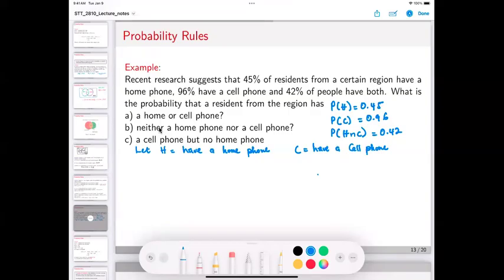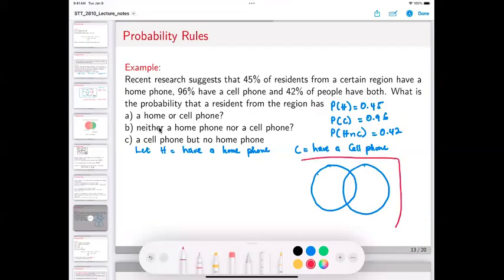How do we show that on the Venn diagram? I draw two circles. And then let's say here is H, here is C. Is that okay?